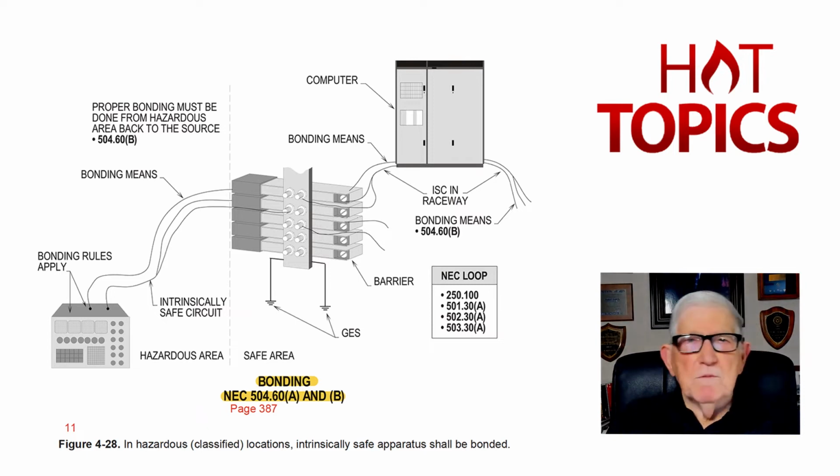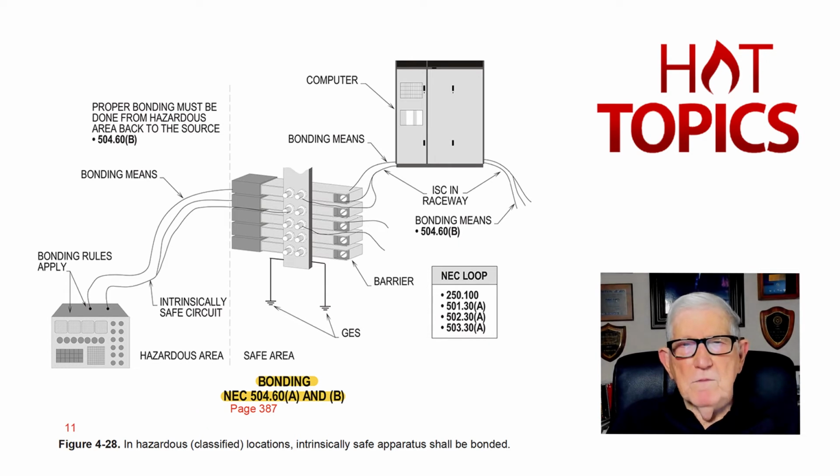And notice it just basically states in 504.60(A) and (B) on page 287 that we have to bond from the intrinsically safe circuit equipment in the hazard zone or area back to the barrier, back to the computer, and then over to the computer readout board where you'd be reading or screen where you'd be reading certain things that the system was designed to read.